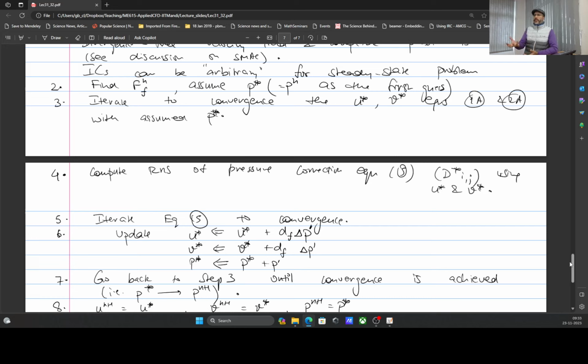Mass flux is basically in terms of the velocities u and v. In this semi-implicit method, mass flux always was at the nth time velocity. But now we have these intermediate u star and v star values that satisfy continuity. So we calculate the mass flux at this u star and v star, which satisfy continuity. So we call it an f star.